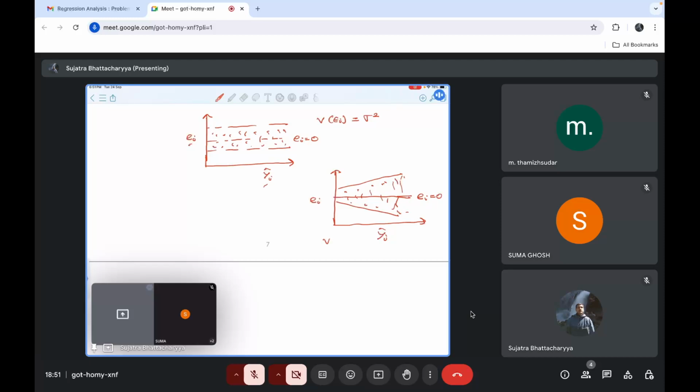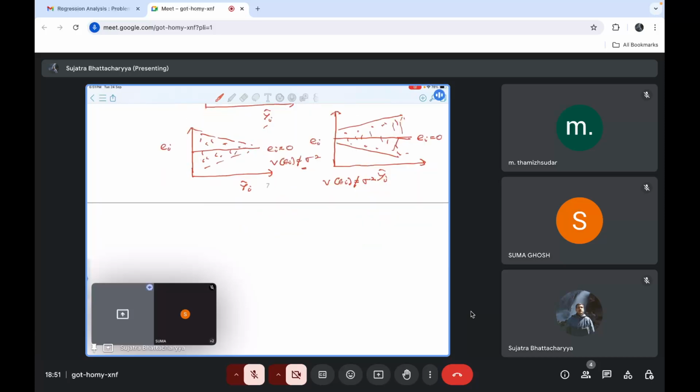In this kind of residual plot, we say that V of epsilon i is not equal to sigma square. It can be like this also. This is your e_i, this is y_i hat, this is the e_i equal to 0 line. It is the same thing. Unsatisfactory model, variance of epsilon i is not equal to sigma square. So basic assumptions are getting violated.